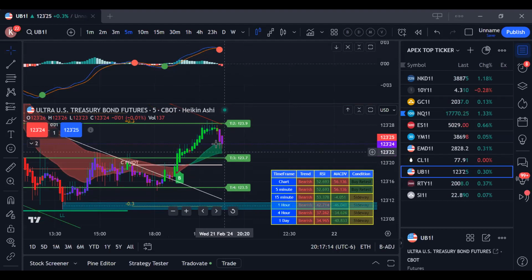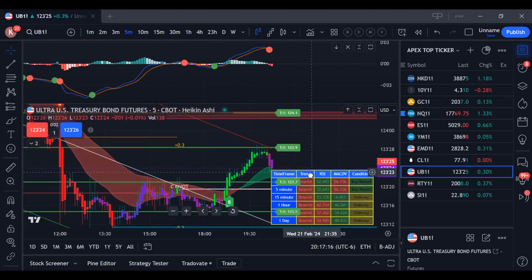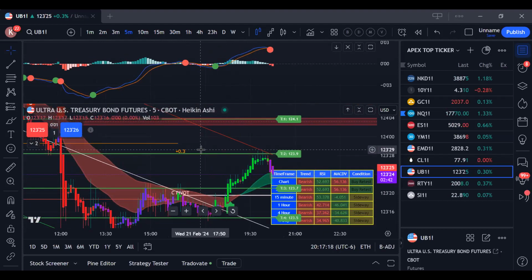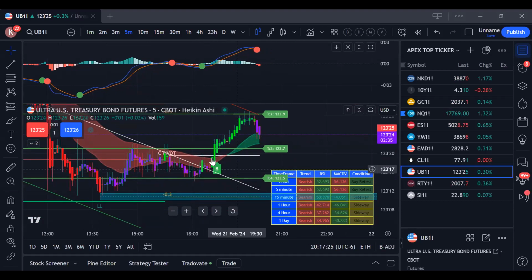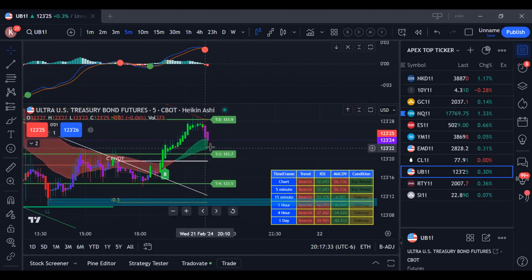Or if it again reverses, right? Again, if you see here, it is a red line. That means ultimatum resistance. You have a green line here. It is forming lower low. That means it is in the downtrend. But if we give one more candle and if it drops below the cloud, then you are 95% confident you can take a short.